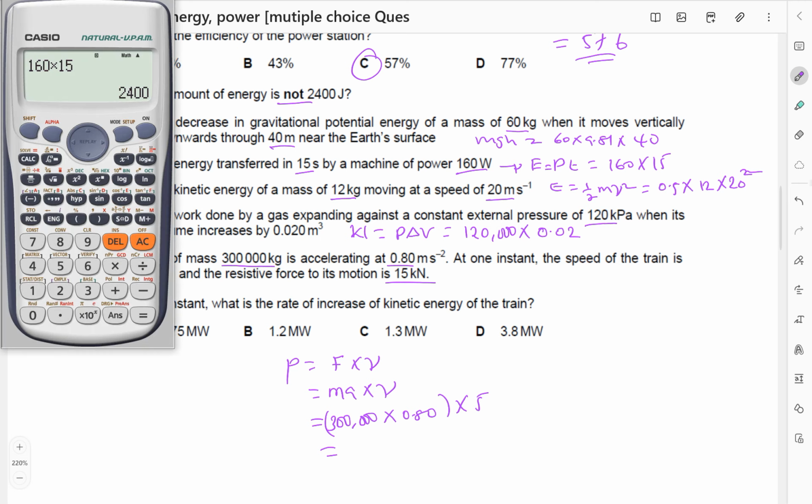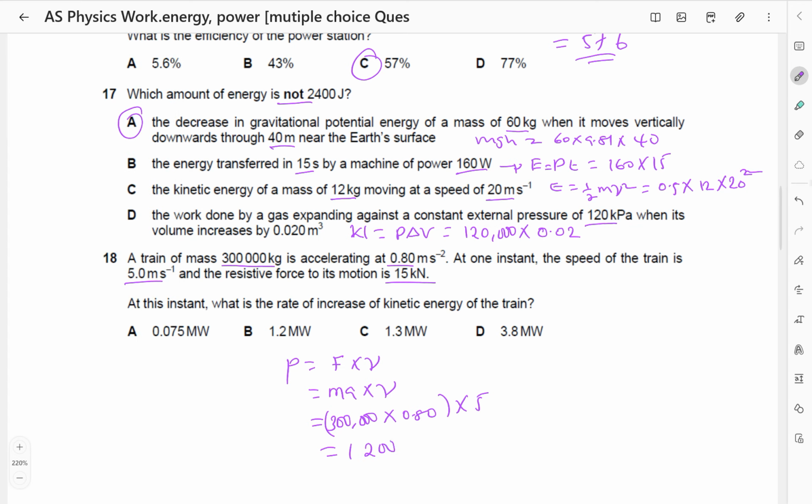So this power is 300,000 times 0.8 times 5, which is 1,200,000 watts, which is 1.2 megawatts. So it means the answer is going to be B, 1.2 megawatts.